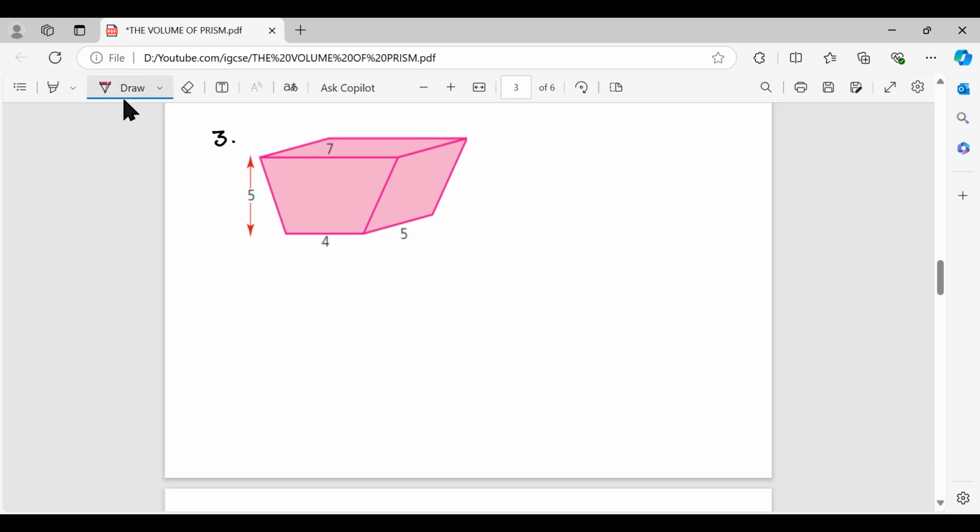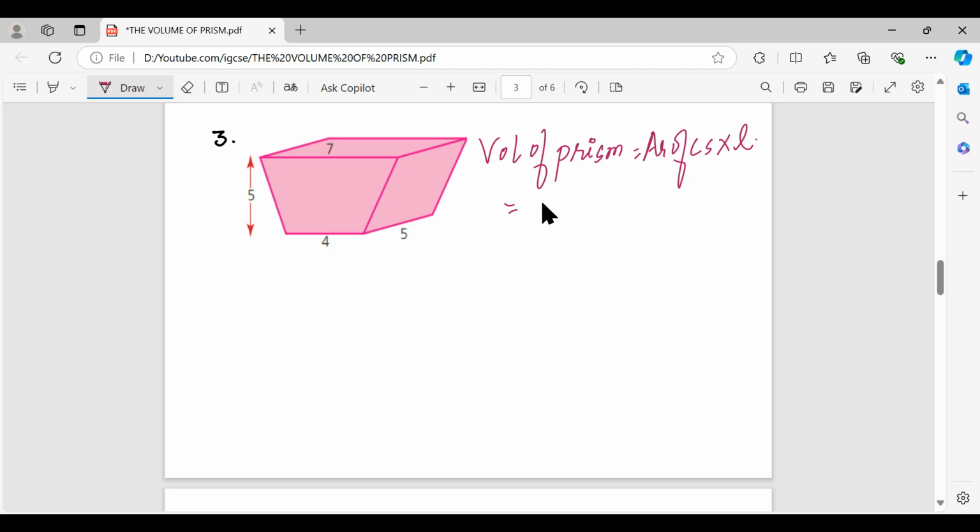Here we have a trapezoid, or you can also say trapezium. So what will be the formula for the volume of this prism? It is the same: volume of prism is area of cross section times length. What is the cross section here? It is a trapezium.